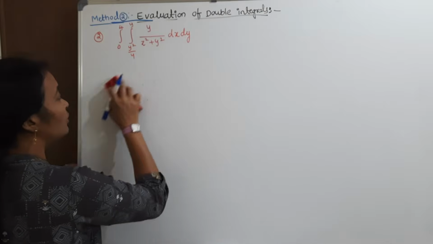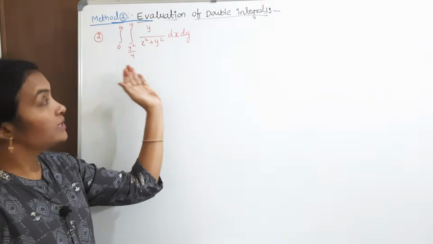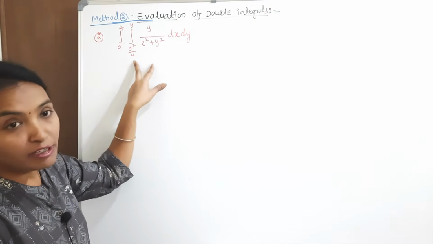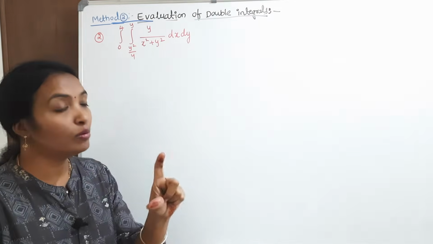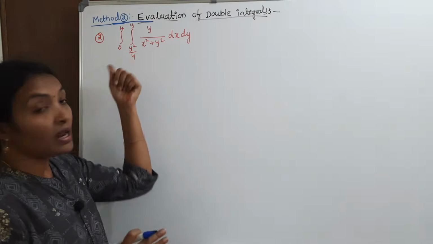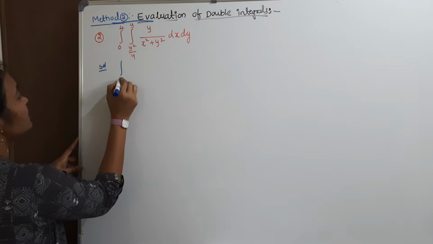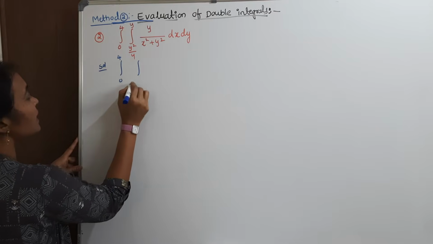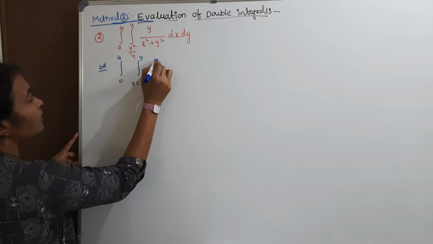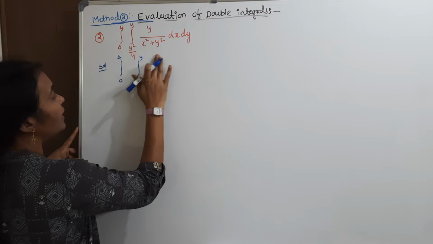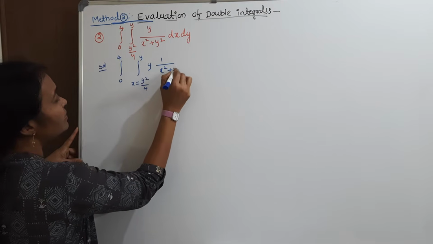Now we are going to solve the problems here. What is the given problem here? Integral 0 to 1 and integral y square by 4 to y, all of you, the given limits are in y. When the limits are in y, those are internal limits or x limits. Then I take them as x limits: x goes from y square by 4 to y, integrand 1 by y, I'll take y common, x square plus y square.